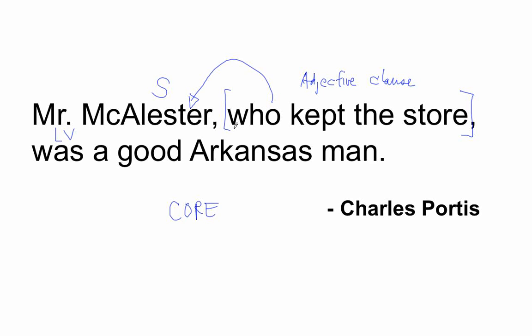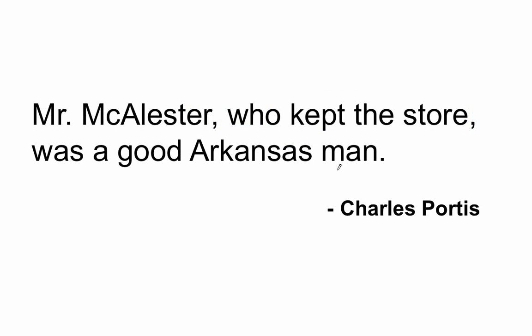All you have to do is transform your subordinator here to the pronoun he, and "he kept the store." These words are retained, and this is actually a sentence by itself. So when joining sentences, adjective clauses become particularly useful. But before we talk about combining sentences, let's take a look at more examples.